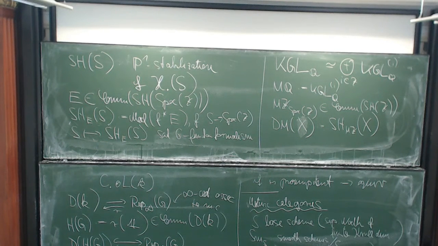If you use transfers over a field and take the etale topology and invert p, then you see that these categories are the same. For example, over fields of characteristic 0, they are the same. But because we take modules here, you have a small problem if the coefficients are not divisible by p. If you just take integral coefficients, then you need resolution of singularities to see that.